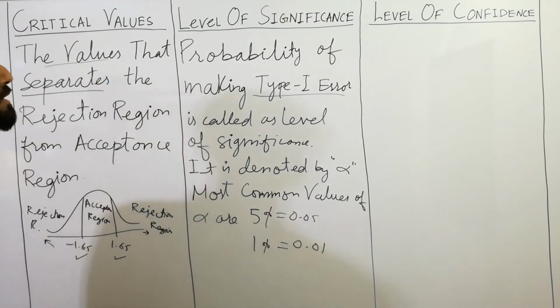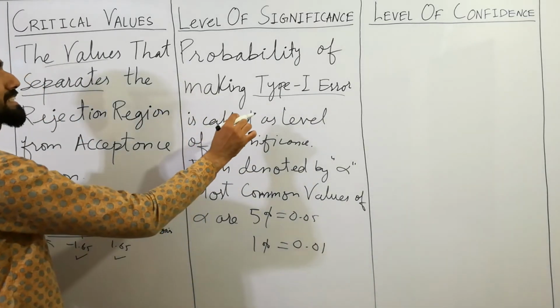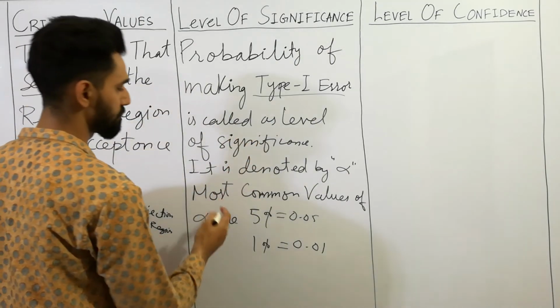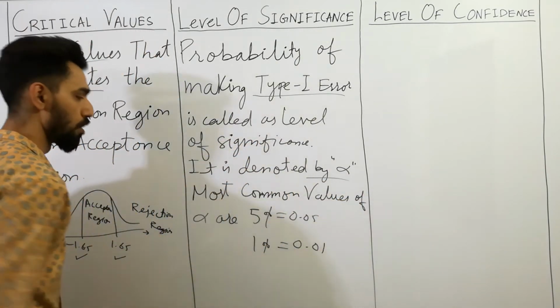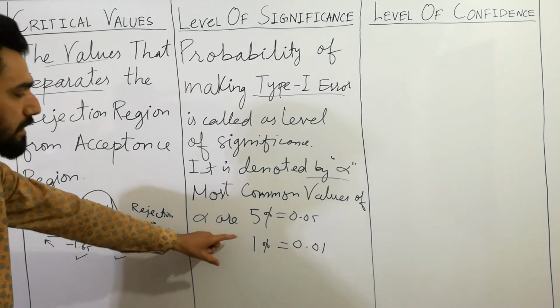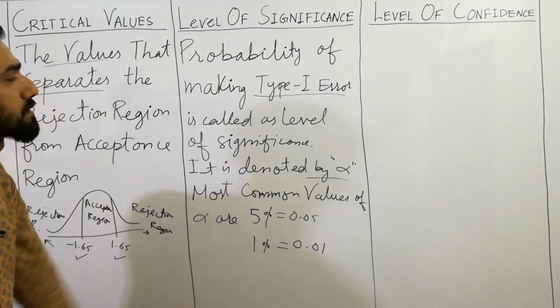So I hope that point is clear. The probability of making a type first error, denoted by alpha, is called the level of significance, and the most common values are 5% and 1%.